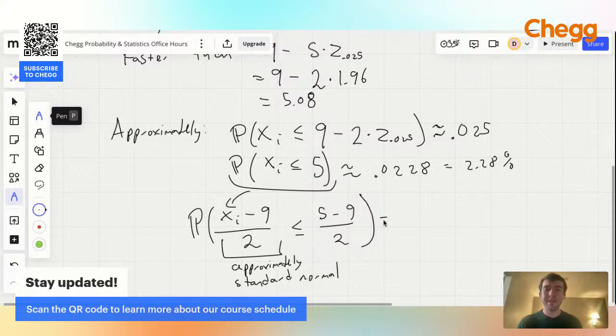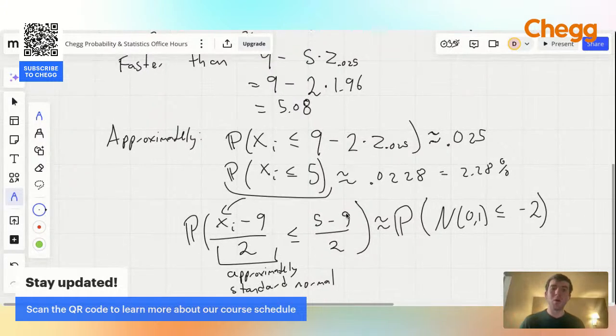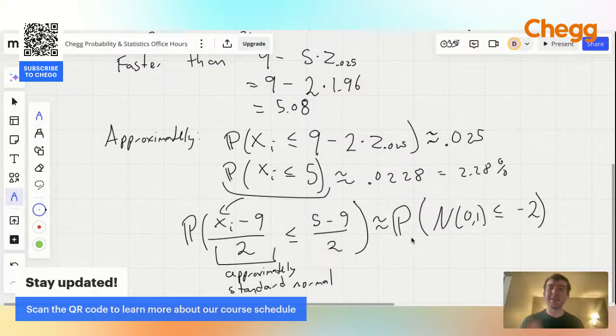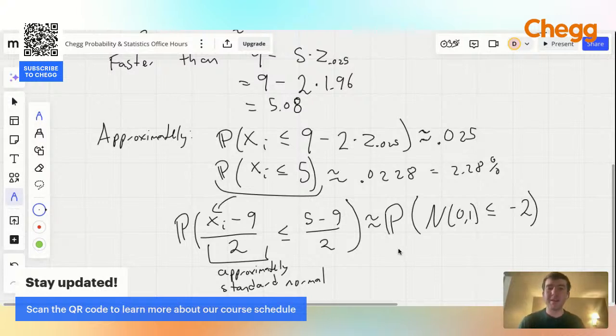So this is approximately the probability that a standard normal 0, 1 is less than or equal to -2. This is all approximate, of course, assuming that mile times follow a normal distribution, which maybe they don't. It's not necessarily true, but it's an approximation.